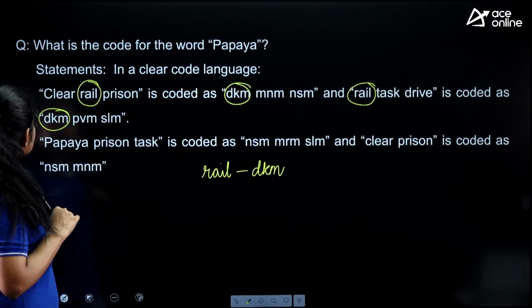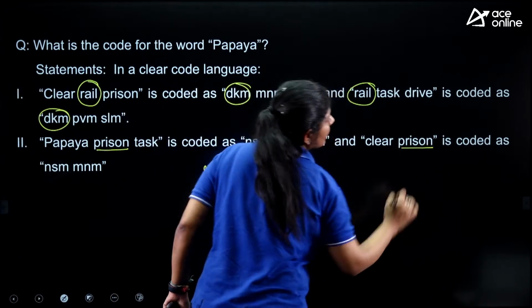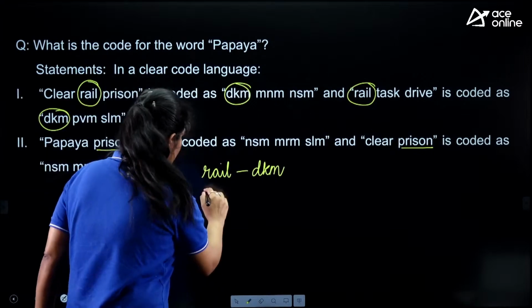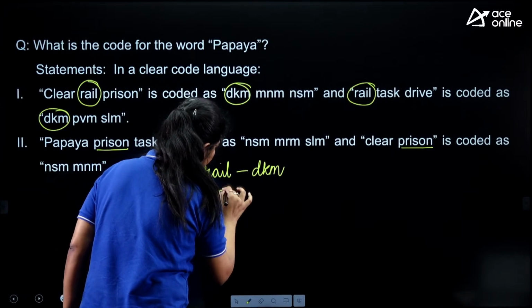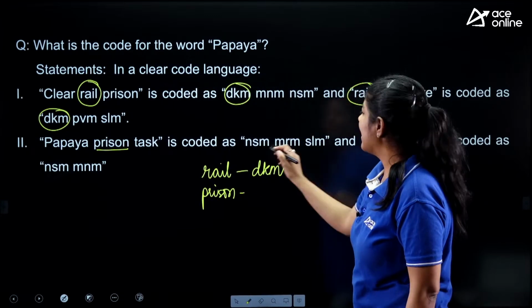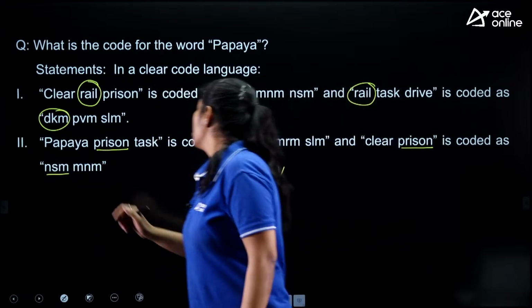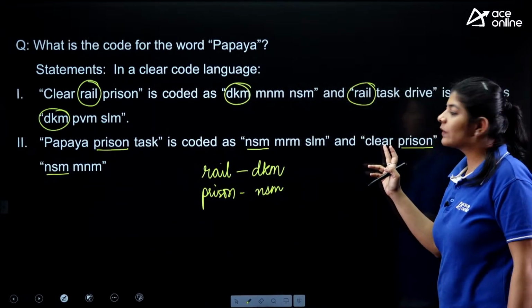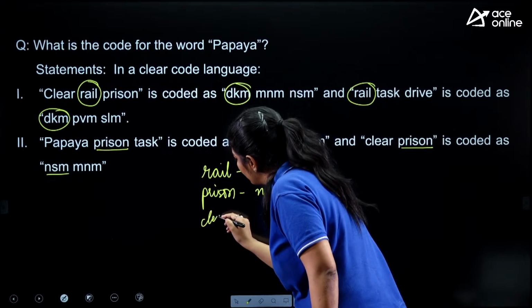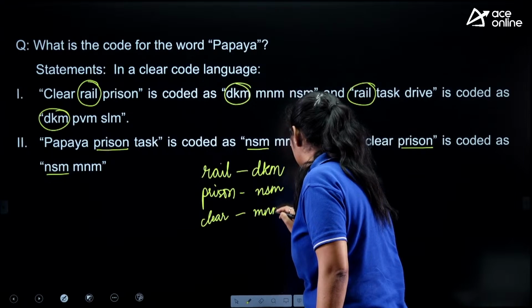No. Now check statement number 2. Here, prism and prism are my common words. So for prism, we have a common code, NSM, right? In this one we are only left with one word, that is clear. So we can say that clear is coded as MNM, right?